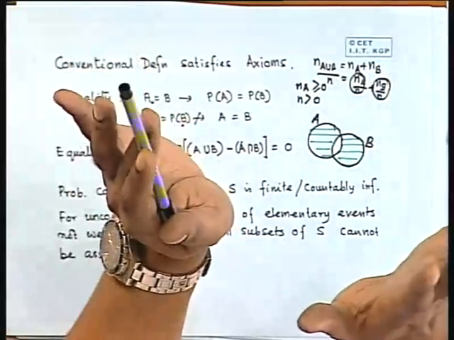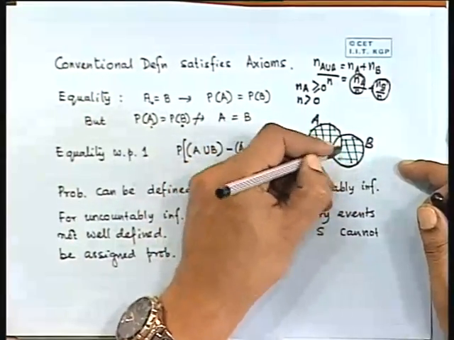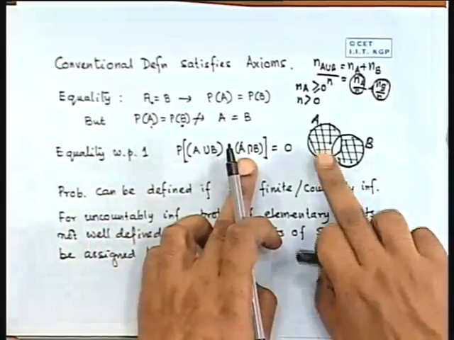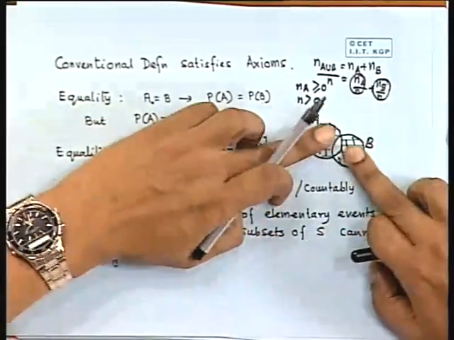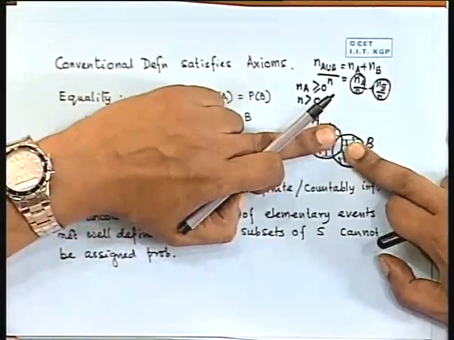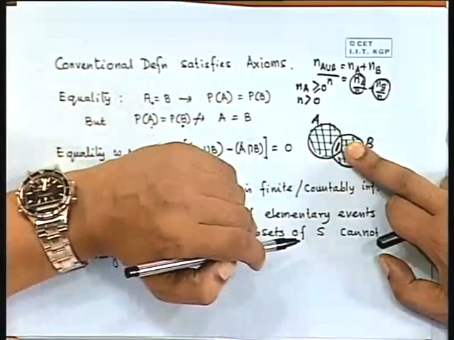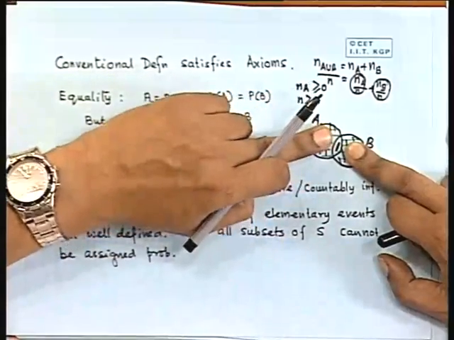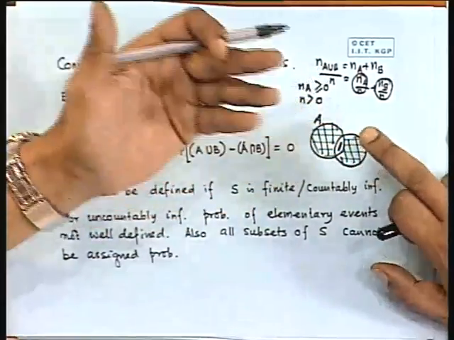But these events cannot occur because the probability of this hash part is 0, which means that these events cannot occur. Only this part can occur.